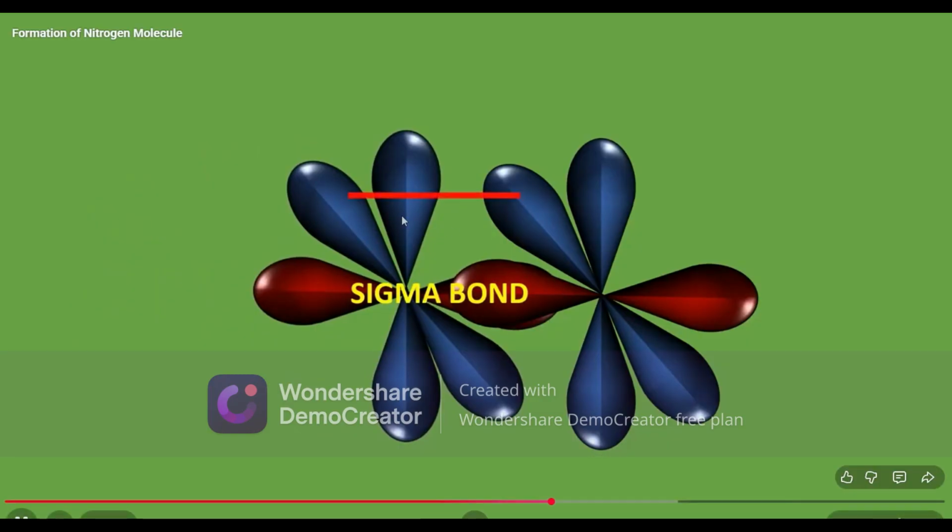The two vertical ones, this vertical one and this vertical one, will form a bond. The tilted ones will form the second bond. Remember to draw a line between the top half of the tilted one and the bottom half of the tilted one, and another line between the vertical top half and vertical bottom half.